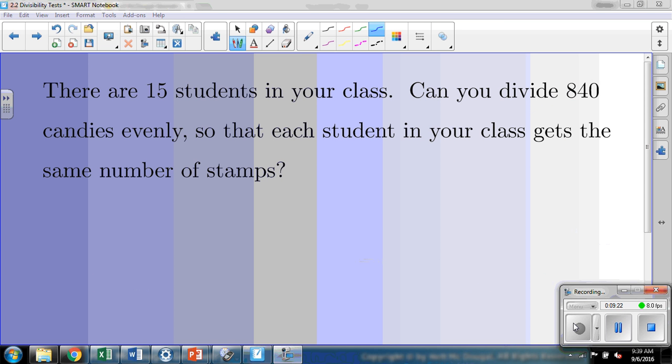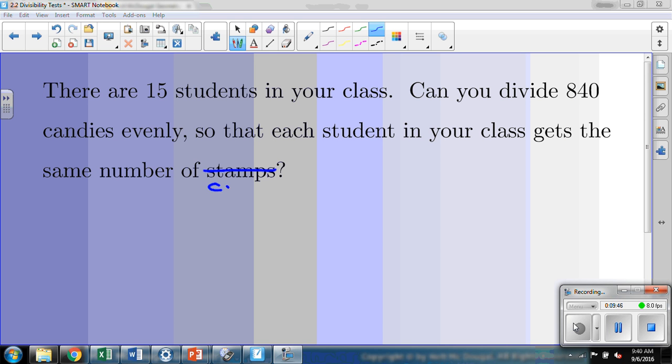Okay, we can also use divisibility tests in the context of word problems. There are 15 students in your class. Can you divide 840 candies evenly so that everybody in the class gets the same number of candies? There's a typo there.